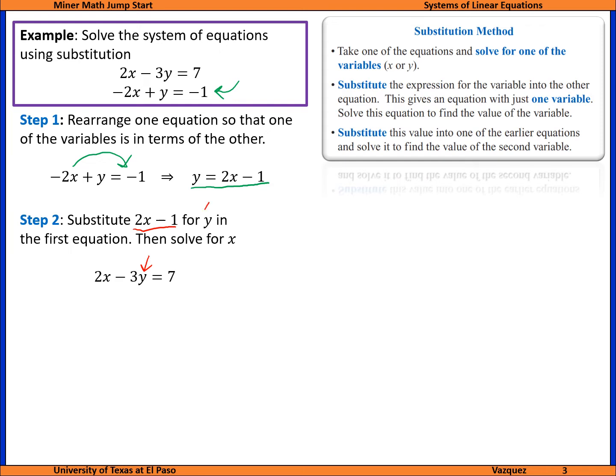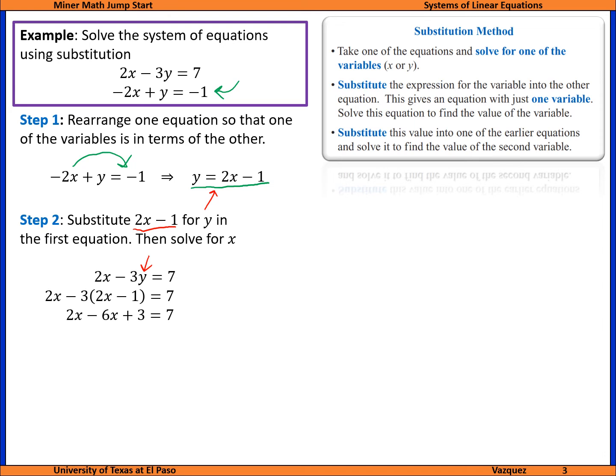Why? Because they're equal; y is equal to 2x minus 1. Let's clean this up a bit. If we distribute that 3, we get 2x minus 6x plus 3 equals 7.